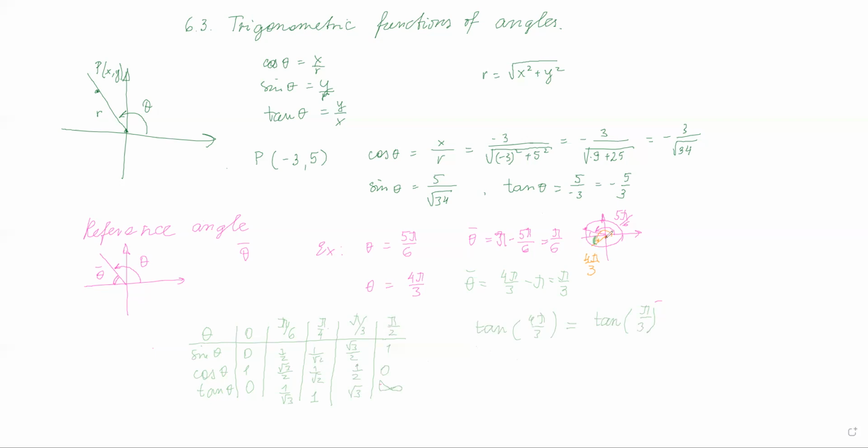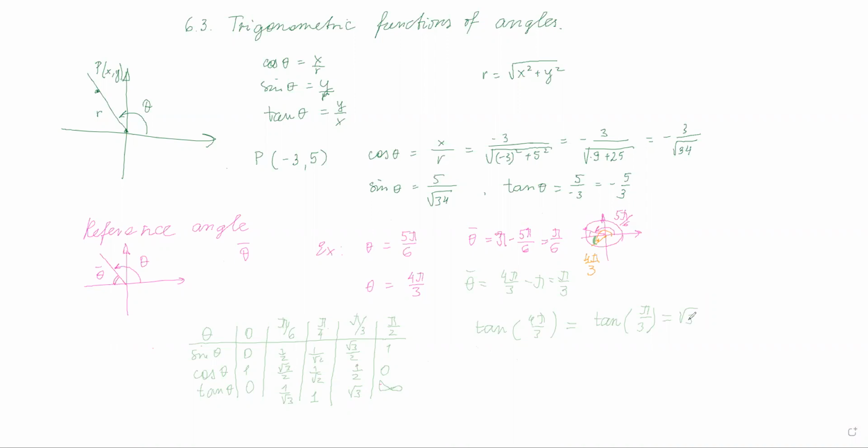But we do know that in this quadrant, the third quadrant, right, tangent is positive. And this one is positive, so we're already done with our calculations. So what is tangent of pi over 3? From the table, tangent of pi over 3 is a square root of 3. So we're just going to write down that it equals square root of 3. And that's how we use reference angles.